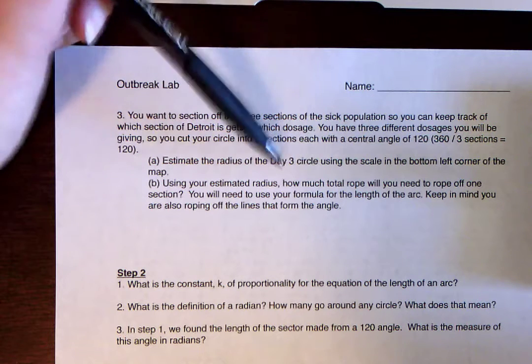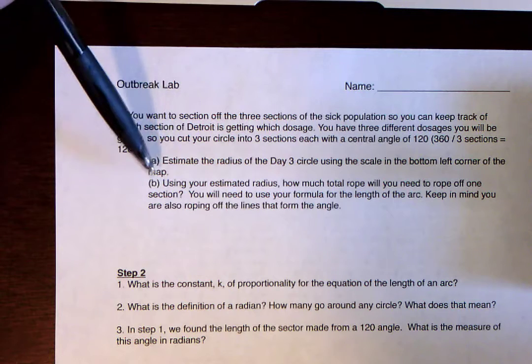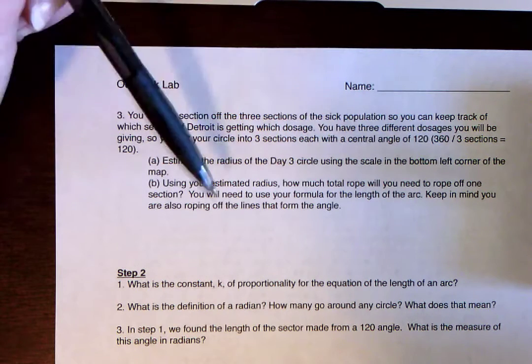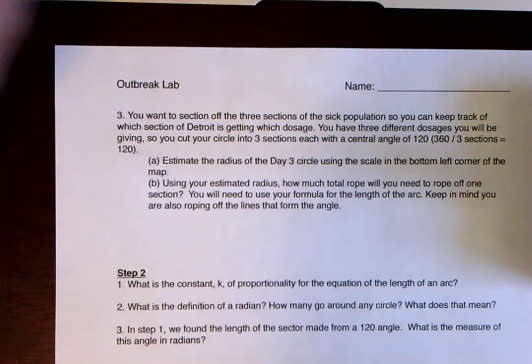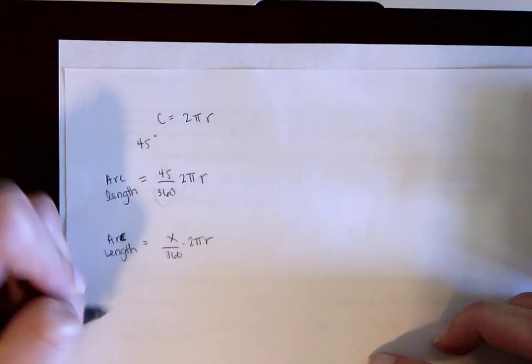Estimate the radius of the day 3 circle using the scale in the bottom left corner of the map. And then using that, how much rope will you need to rope off one section? So again, use this arc length.